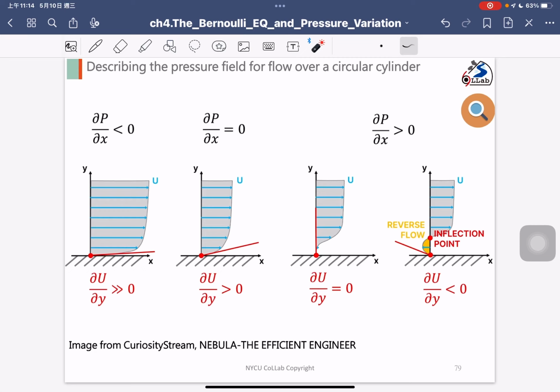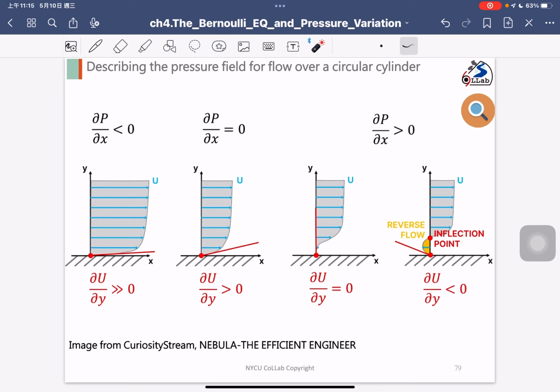And you can see the top is the condition for the pressure gradients. As I mentioned before, when the pressure gradient is less than 0, that indicates the fluid particle is in an accelerating condition. But if the pressure gradient is larger than 0, that indicates the fluid particle is decelerating.